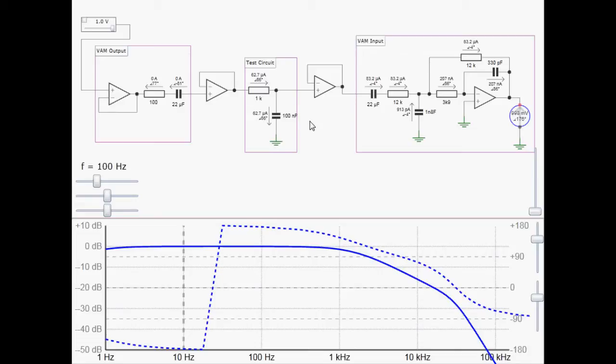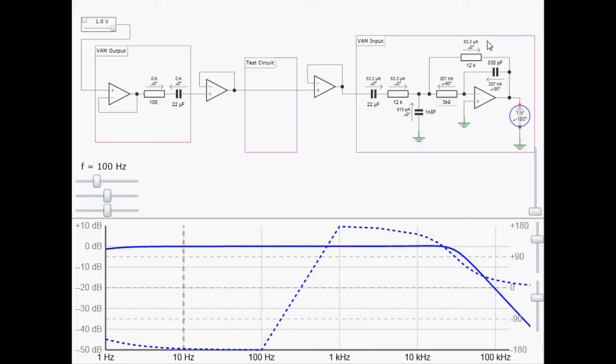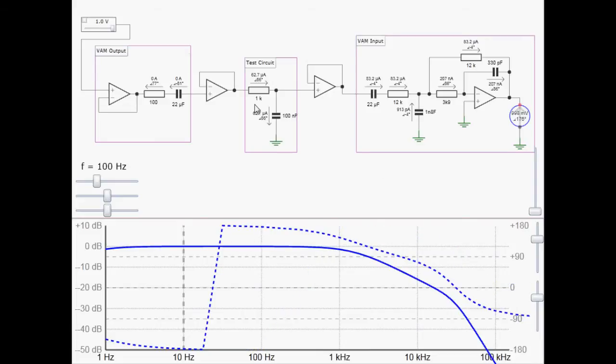The difference between those two readings must be due to the test circuit only. So all we do is take this reading and subtract that reading, and we'll get an accurate frequency response of our test circuit. Right, now to see how to do it in practice.